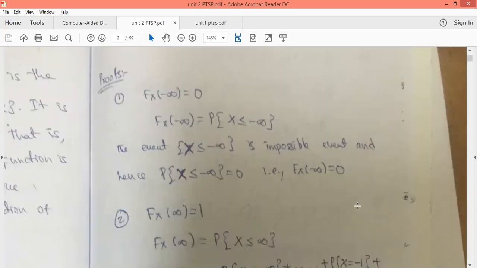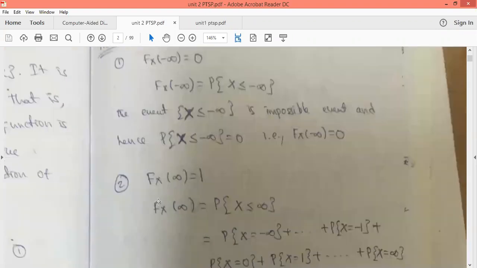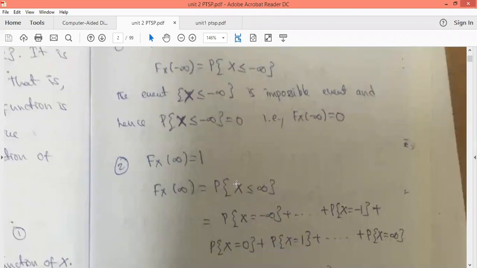Similarly, F_X(infinity) is equal to 1. F_X(x) is the probability of X less than or equal to x. In the place of x, we have infinity. So F_X(infinity) is the probability of X less than or equal to infinity. We have to add all the elements with X less than or equal to infinity.